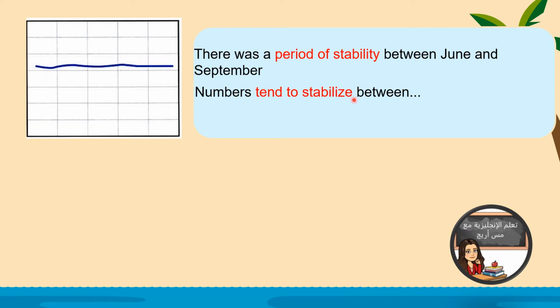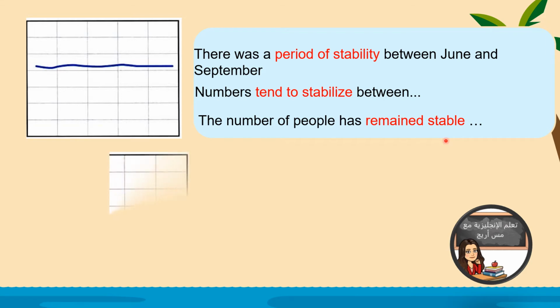So I use a verb and to plus a verb in the infinitive form, so tend to stabilize. Or I can say the number of people has remained stable. So you can see period of stability, tend to stabilize or remain stable. Now this is very important. Please try to copy these expressions and keep them with you.